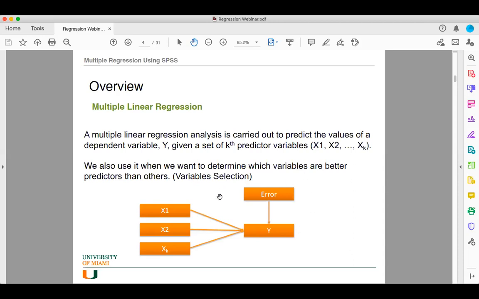And remember, there is always an error. The second purpose of using multiple linear regression in your analysis is to determine which variables are the best predictors for your model. And I'm going to talk about this at the end.